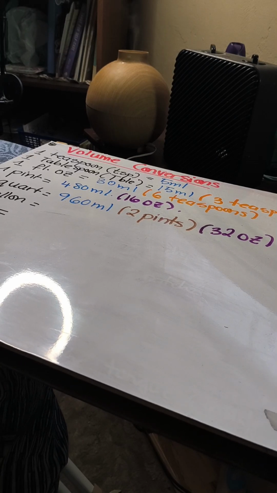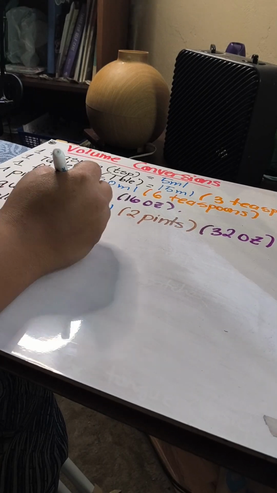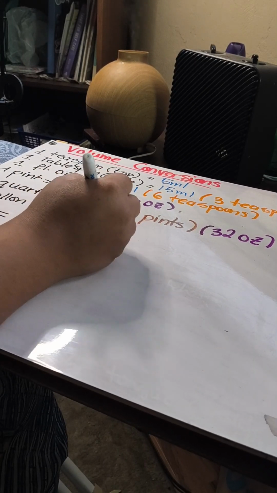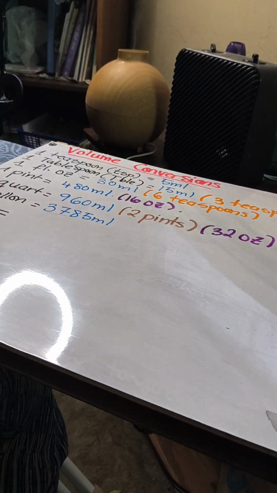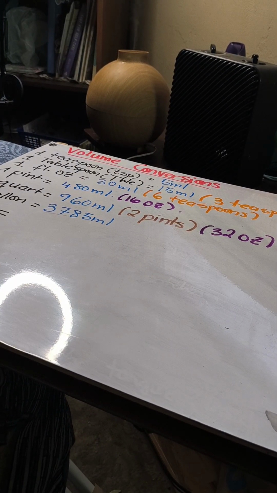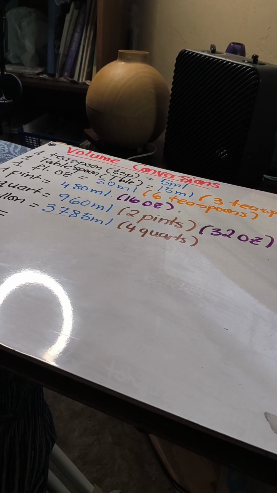Next, we have a gallon. 1 gallon in milliliters is a big number: 3,785 milliliters. 1 gallon is also 4 quarts.